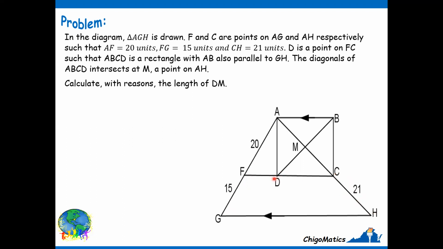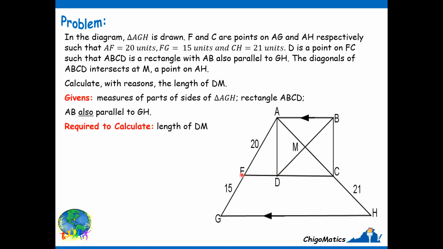D is a point on FC such that ABCD is a rectangle with AB also parallel to GH. The diagonals of the rectangle ABCD intersect at M. That is where they intersect. So we want to calculate, with reasons, the length of DM.